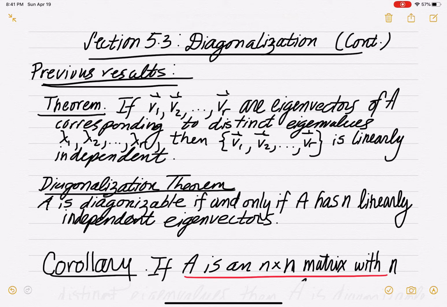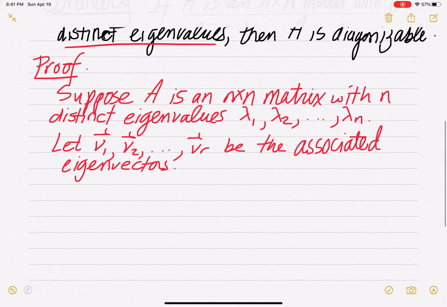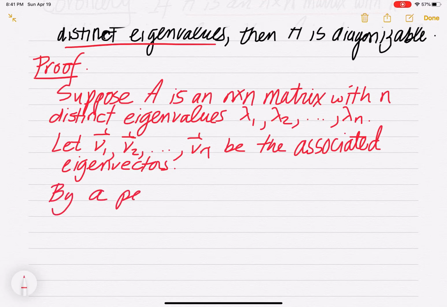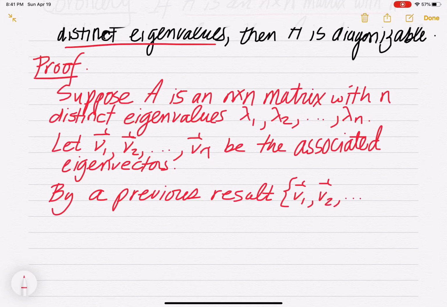Well, if you have v1 through vr eigenvectors of A with corresponding distinct eigenvalues, lambda 1 through lambda r, then the set of vectors is linearly independent. So our v1 through vn, that should have been an n there. By a previous result, that's the one at the very top, the set of vectors v1 through vn is linearly independent.